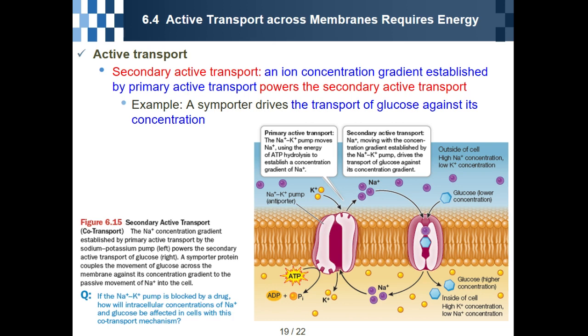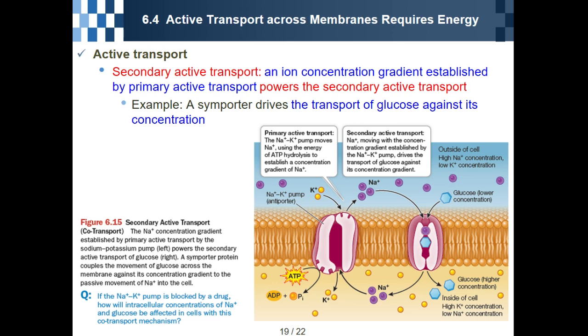But this secondary active transport moves glucose against its concentration gradient. So the ion concentration established by primary active transport powers this import.